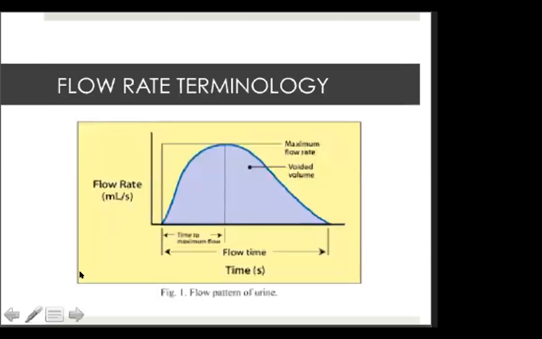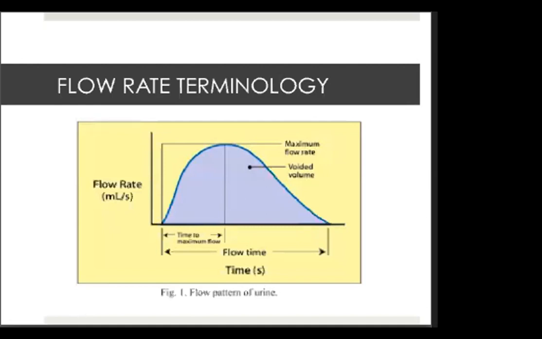So the normal flow curve is a bell-shaped pattern and the flow rate varies according to the volume voided. So if a voiding is slow, then it appears as a vertical line pattern, compared to when it is faster, which is elongated.